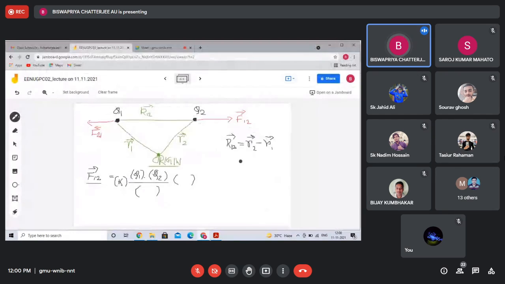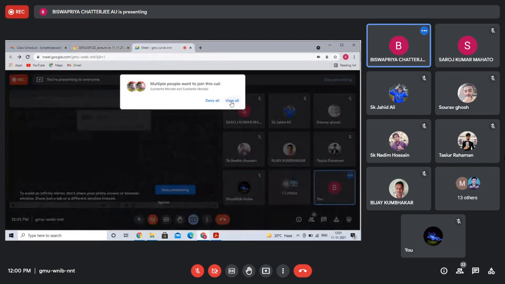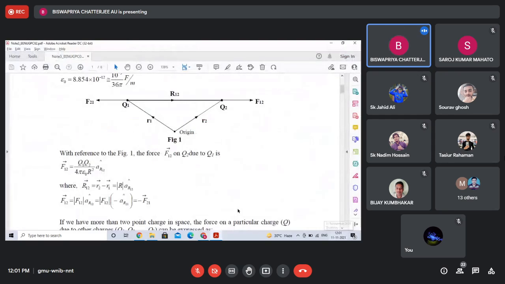In the magnitude part we write the modulus of R, but the direction is the key. It is the unit vector directed from 1 to 2, so we refer to this one as a suffix R12, a unit vector.